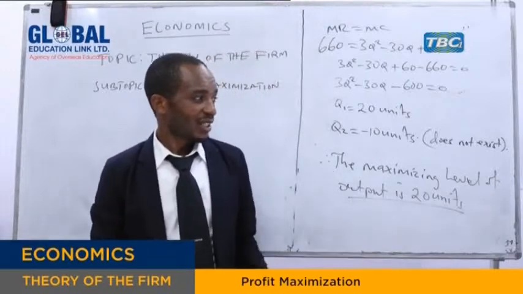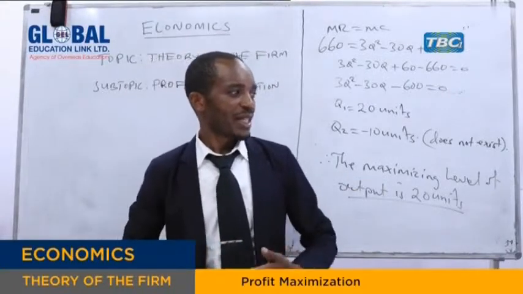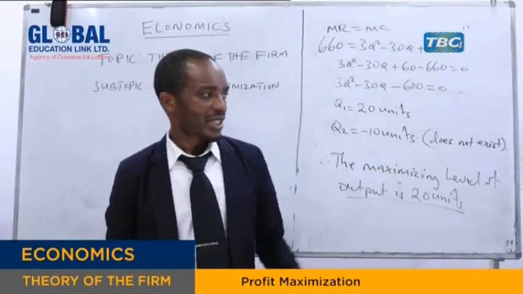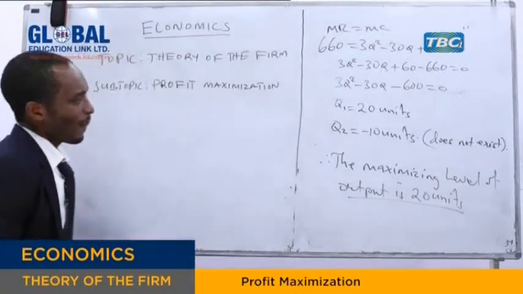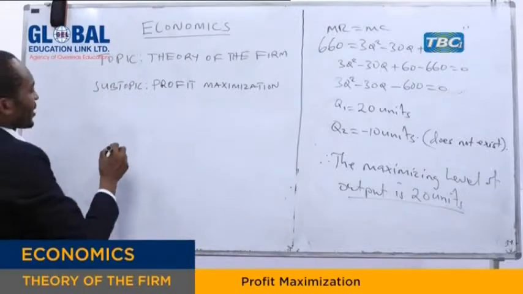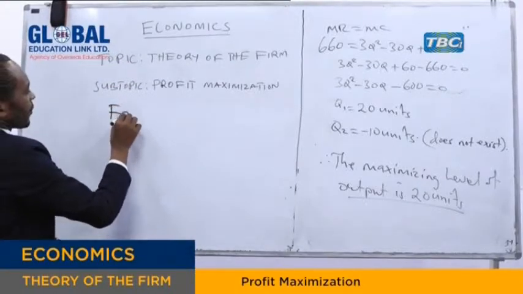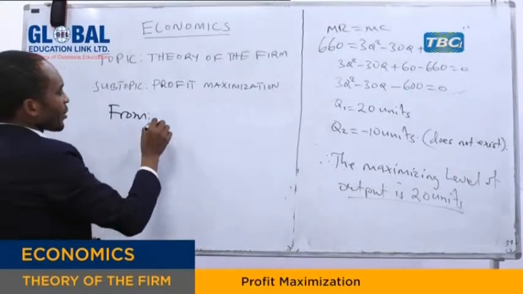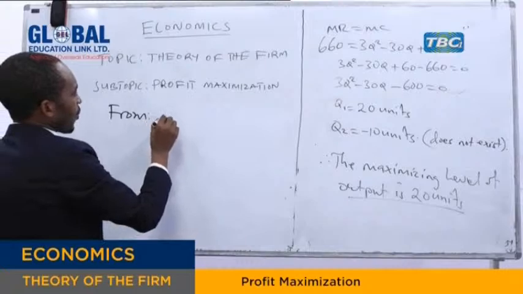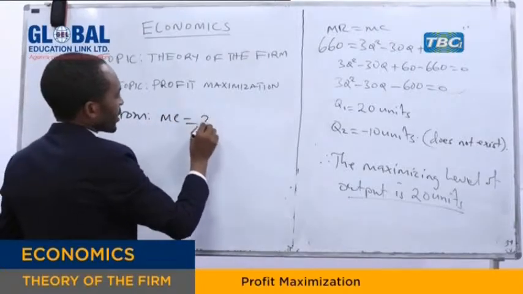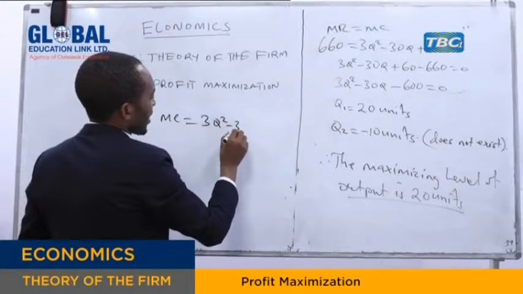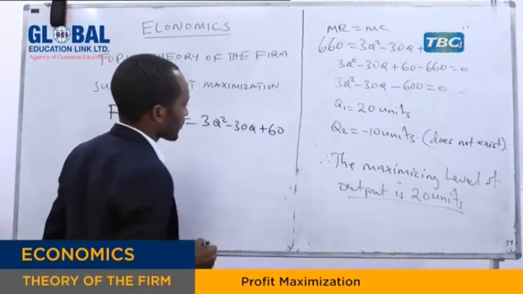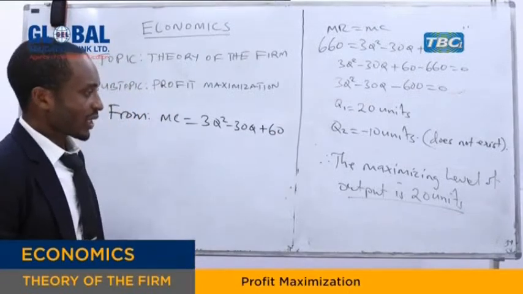But if it leads to making a loss or lower profit, there is no sense in producing it. So let us see. Recall the marginal cost is equal to 3Q squared minus 30Q plus 60.